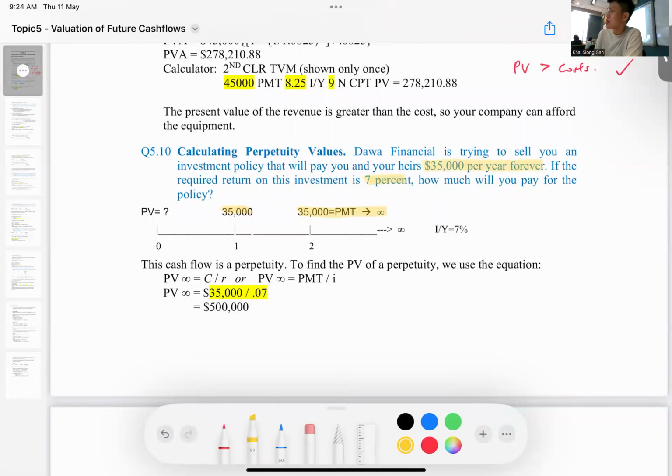Annuity or perpetuity? Oh, perpetuity, yeah? Okay, perpetuity. So this one you don't have to key into calculator. You just use the formula PV equals C divided by R. So cash flow is the C, 35,000 divided by R. R is 7%, 0.07. You get the answers.